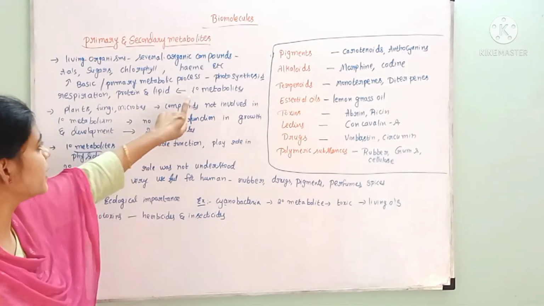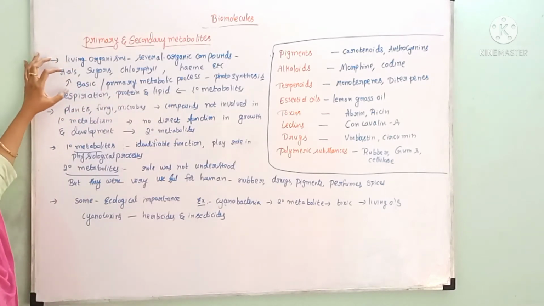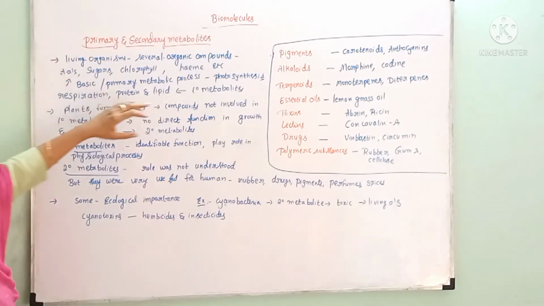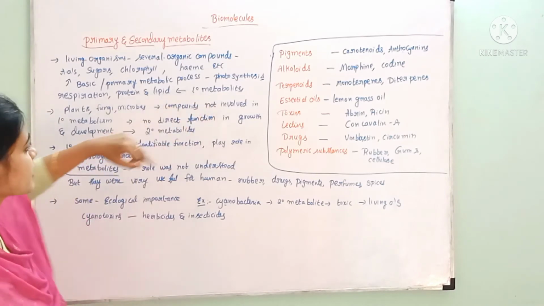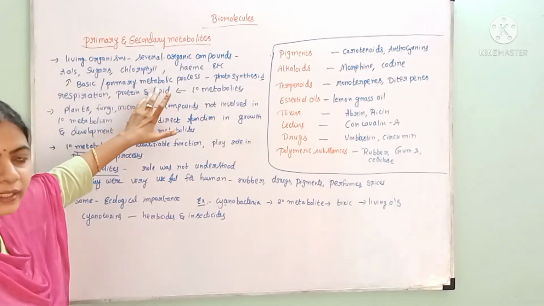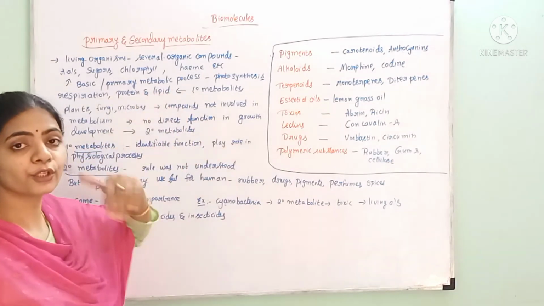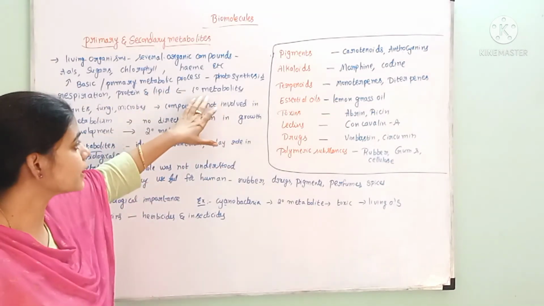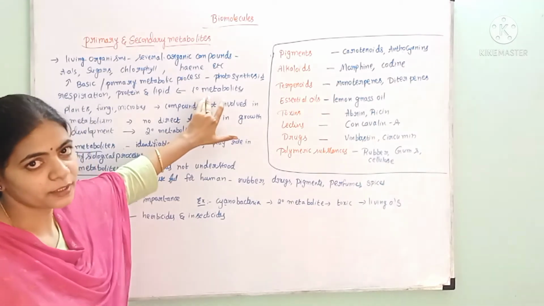What are primary metabolites? The compounds which have a direct role in basic physiological processes like photosynthesis, respiration, protein and lipid metabolism, and which are helpful for the growth and development of that living organism, are called primary metabolites.